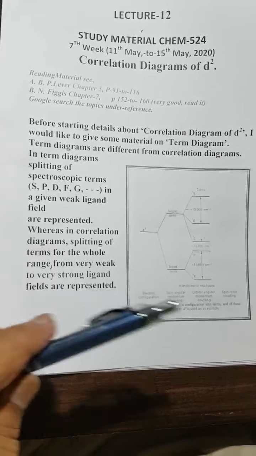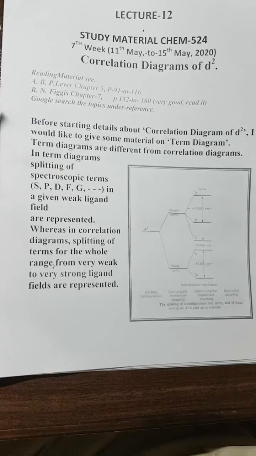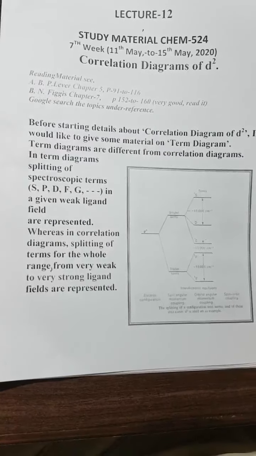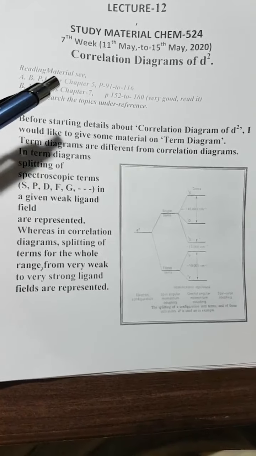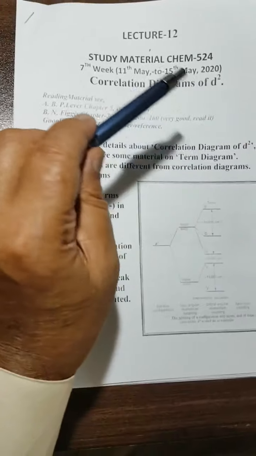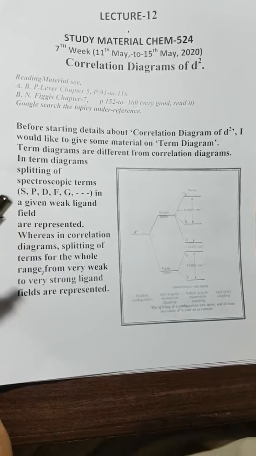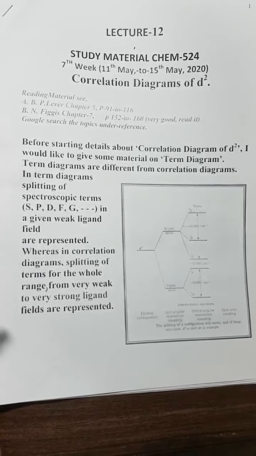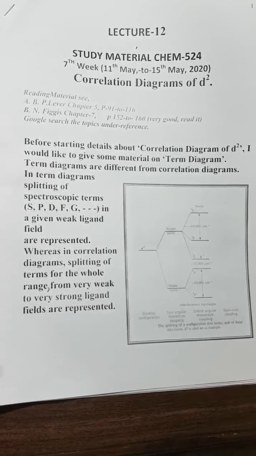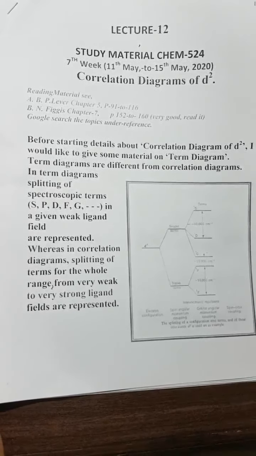You will get to know it automatically when we are able to predict the spectra of D2, D3, D4, and so on. This is the spirit of this course: to predict the electronic spectra of coordination compounds.